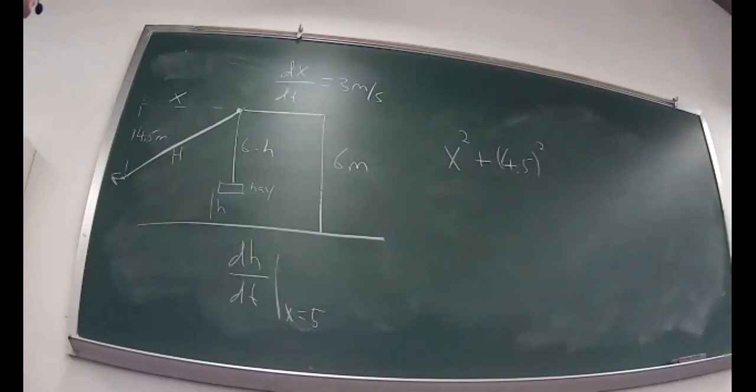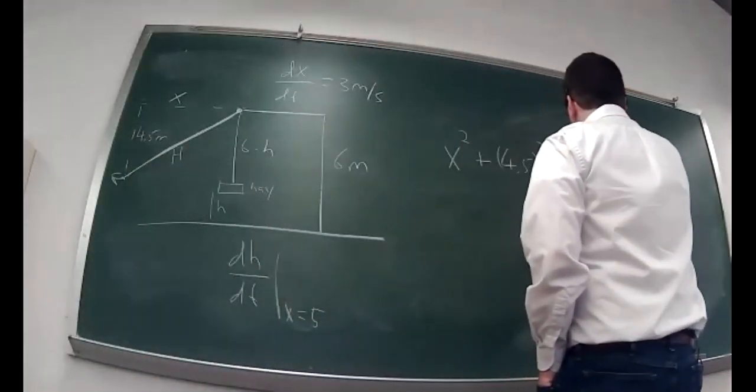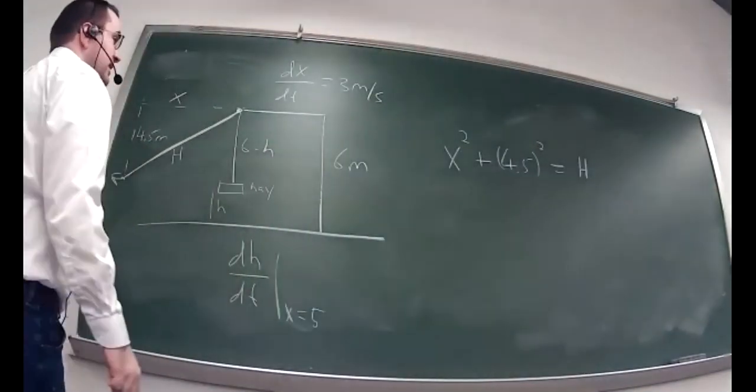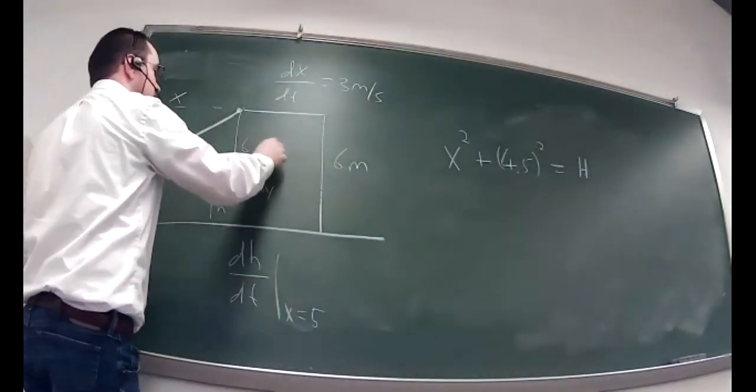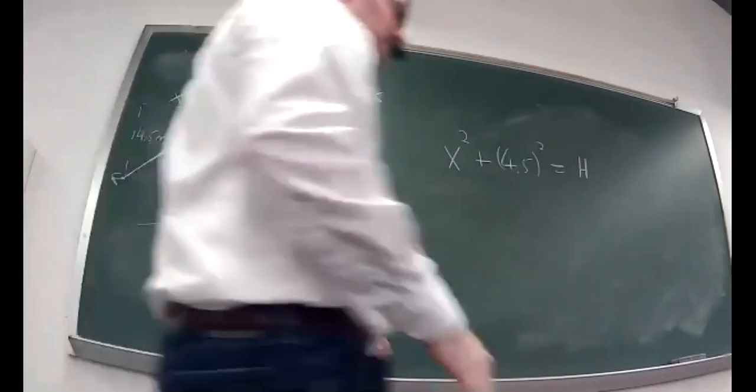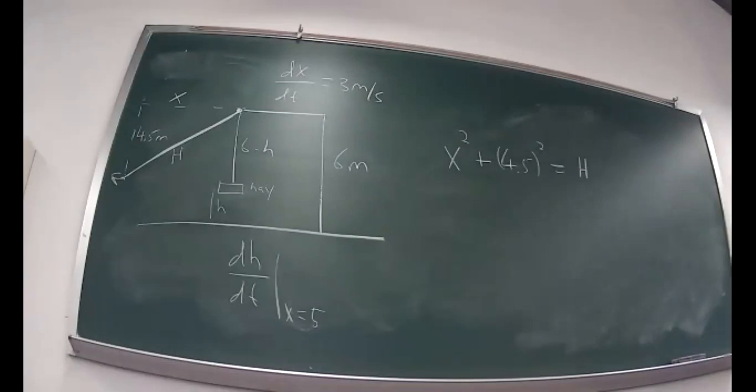I'll call it h. But that's fine, that's true, but it doesn't relate x to this quantity, 6 minus h. And that's really frustrating and kind of a stumbling block for doing the problem.